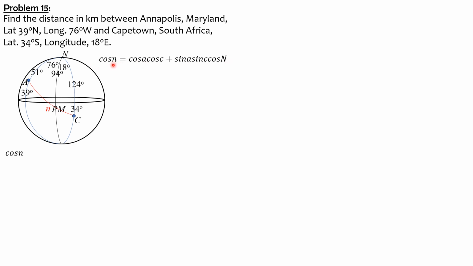So substitute: cosine of n equals cosine of A, which is 124 degrees, cosine of C, which is 51 degrees, plus sine of 124, sine of 51 degrees, cosine of 94 degrees. So using your calculator, n is equal to 113 degrees 23 minutes.